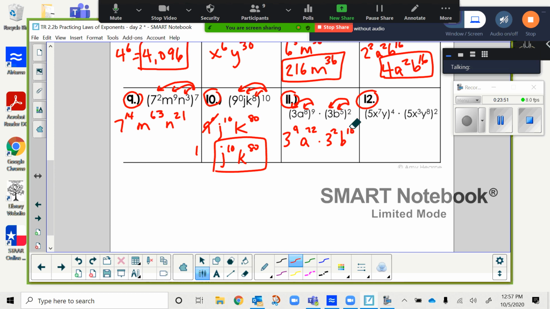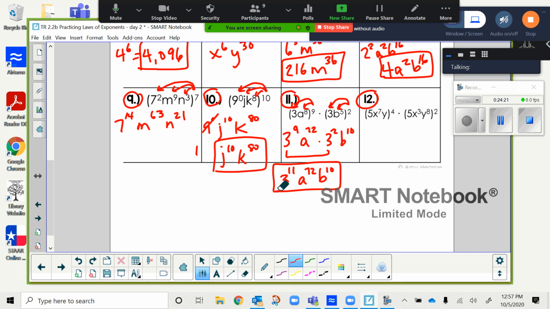And the way you finish off this answer is, you see these 2 things both have a base of 3. So you keep the base the same, which is 3. And you add the exponents. 9 plus 2 is 11. And then you bring the a down and the b down. And you don't have to do 3 to the 11. It's a crazy number.